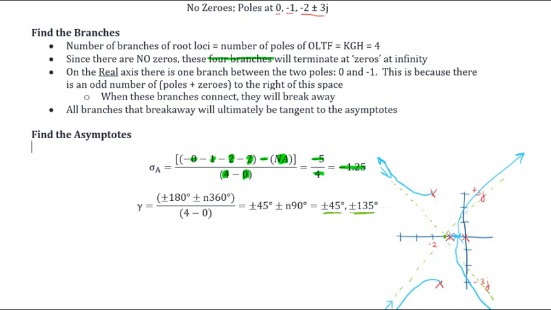So what we can get from this diagram is that there are values of k where the root locus coming off of the 0 and the -1 pole are going to cross over to the right half plane, and that's a big no-no.